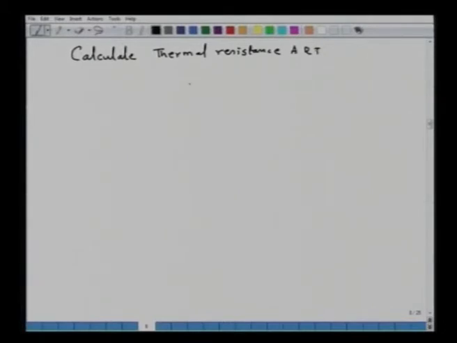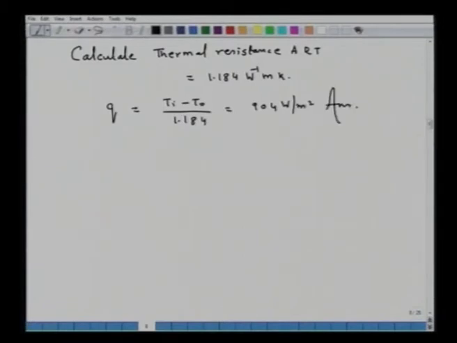So if you calculate the thermal resistance, that will come out to be equal to 1.184 meter square Kelvin per watt. So from here I can calculate the heat flux Q, that will be equal to Ti minus T0 upon 1.184, that will be equal to 904 watt per meter square. This you can calculate and you will get the answer.